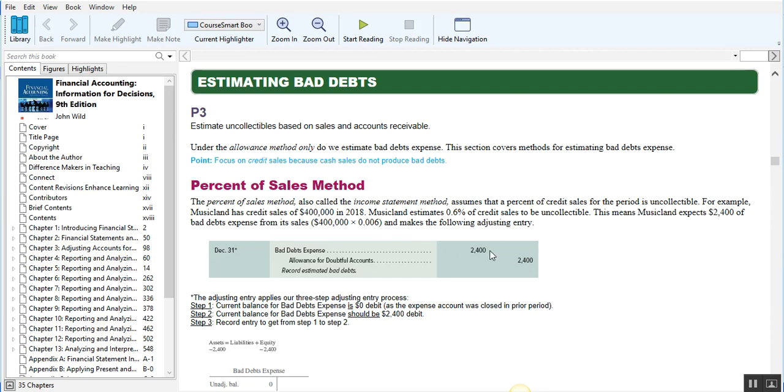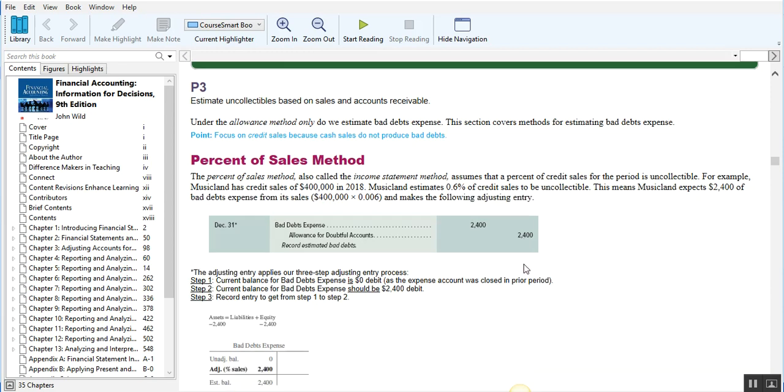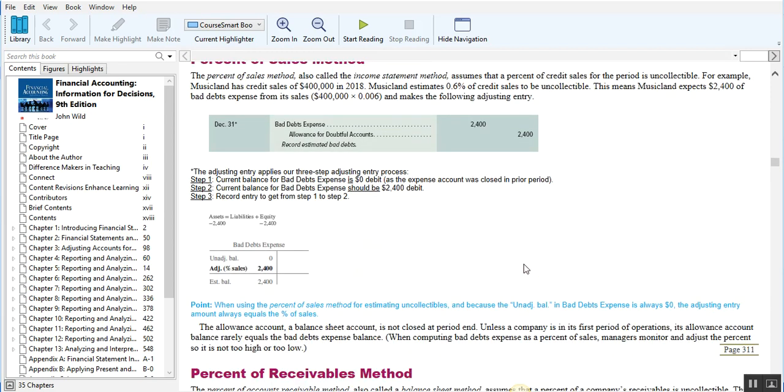So we debit bad debt expense and credit the allowance account at the beginning of the year. Now keep in mind, when we're calculating it based on percent of sales, we do not care what is actually in the allowance account when we calculate it. It does not matter. We are not saying this is what the total allowance account should be.